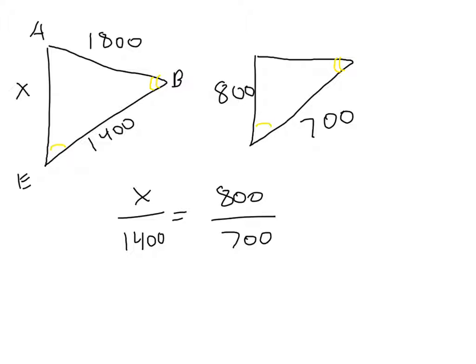I can do this because my triangles are now similar. And now there is a ratio that I can follow that allows me to do this. And right here, it's really just a matter of solving for x.